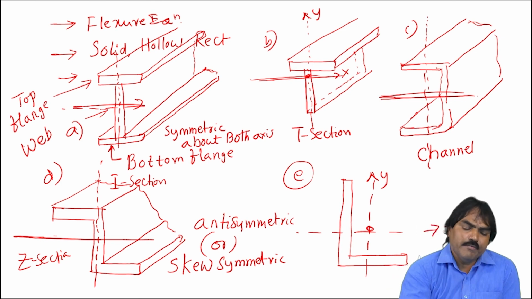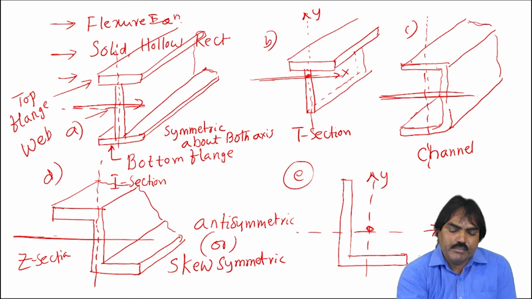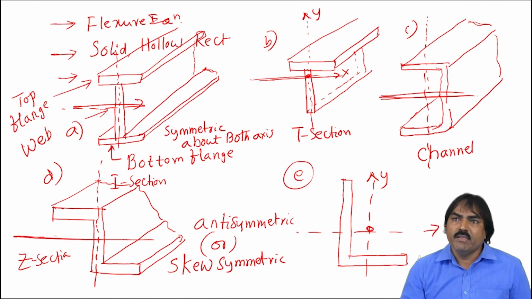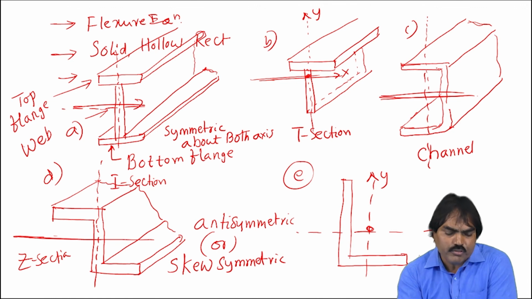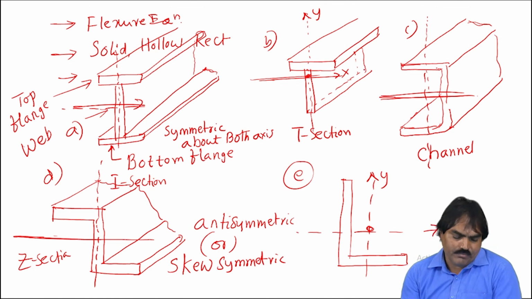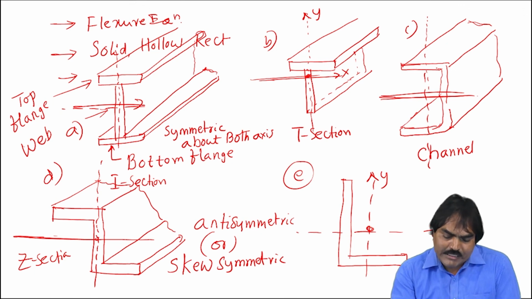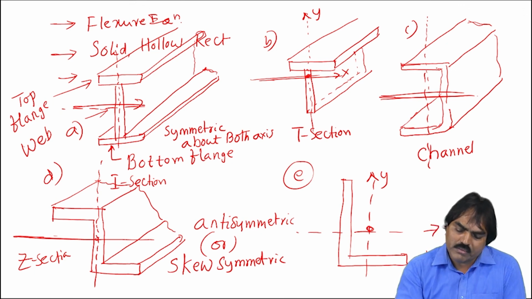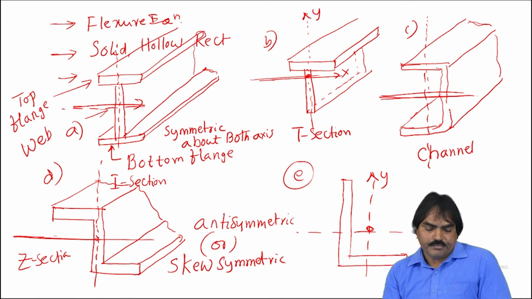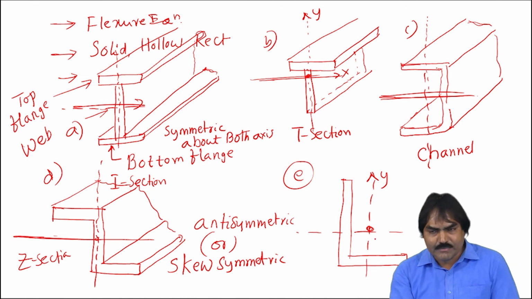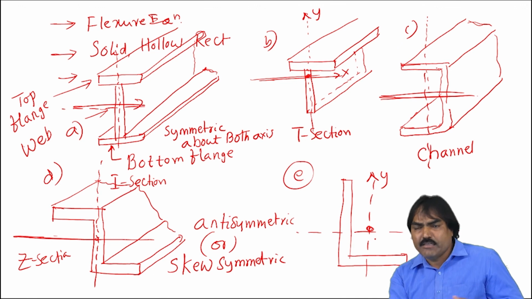That's why for these sections, first we have to locate the center of gravity. Then only we can find the moment of inertia about the centroidal x or y axis. For this, you can locate it directly. Here also, for the L section, we have to first locate the center of gravity, then find the moment of inertia about the x and y axis, depending upon the direction of the loading.